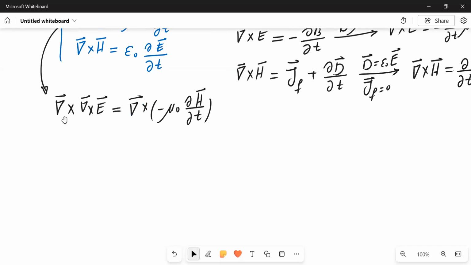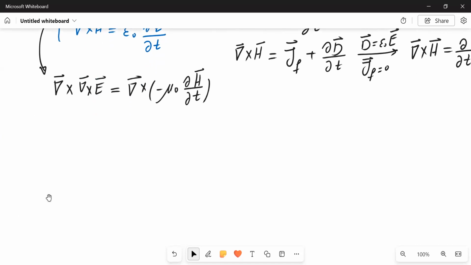Now the left-hand side can be written by the BAC-CAB rule in vector analysis. In a separate video, I will show you how this can be done. This simply gives me the gradient of the divergence of E minus the vector Laplacian of E.